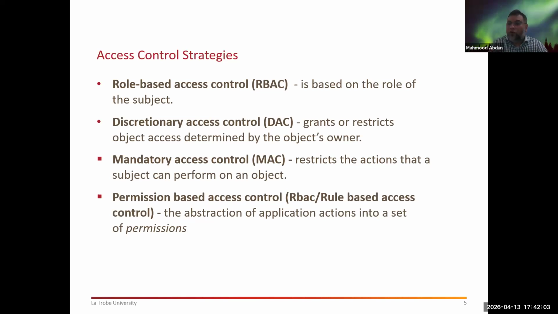Now, how do we know what should be the role of a network user or a system user? Generally speaking, as I said, in an organization, roles of employees or personnel are clearly defined. For example, you can look into the hiring PD of an employee and find out what the role is, right? Maybe they're a lecturer, maybe they're a university administrator, maybe they're security personnel within the university, and they have specific roles.